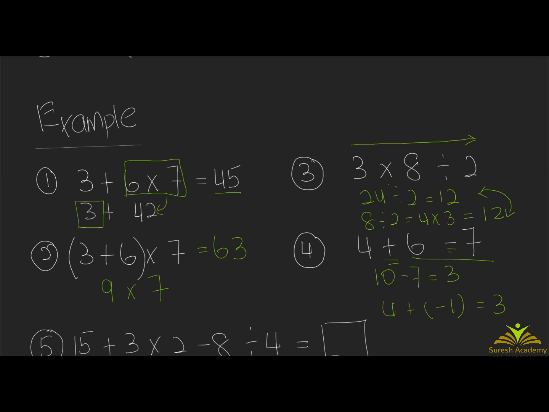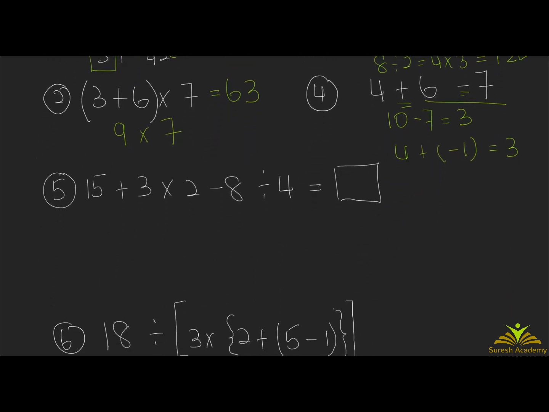Okay, now since you have seen some basic use of BODMAS in this example, let's try to solve a more difficult equation. Here I have 15 plus 3 multiply 2 minus 8 divide 4. So remember, scan from the left to the right to determine which of this you will solve first. What will be your strategy? So I look for the operations. Now I have multiply here and I have divide here.